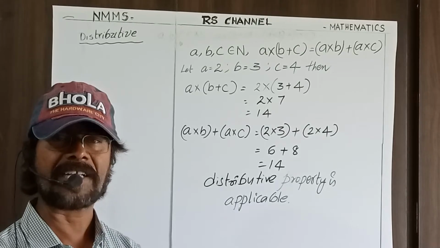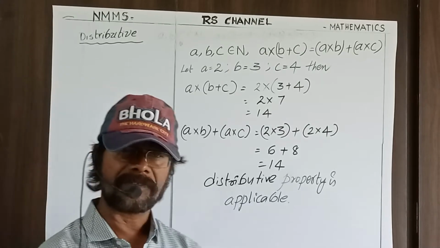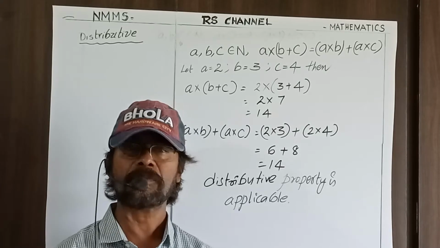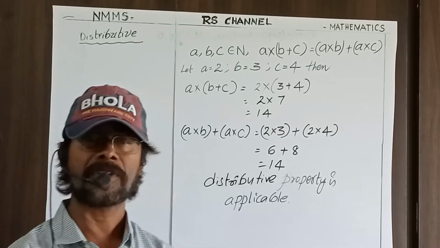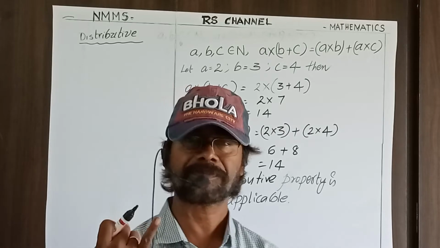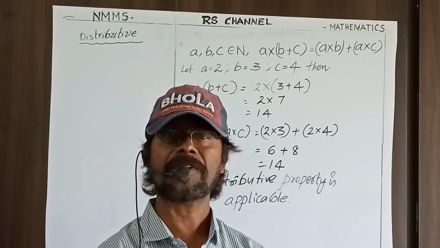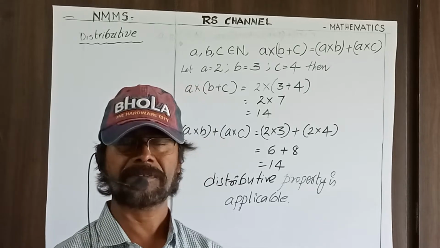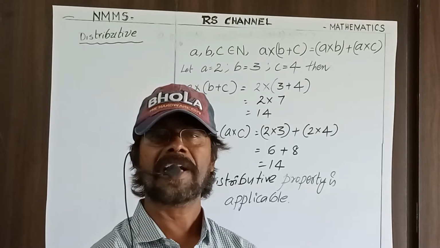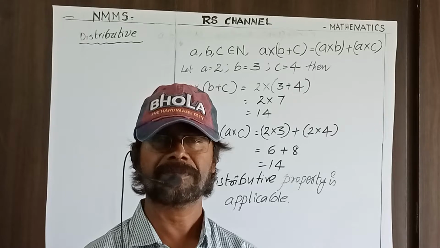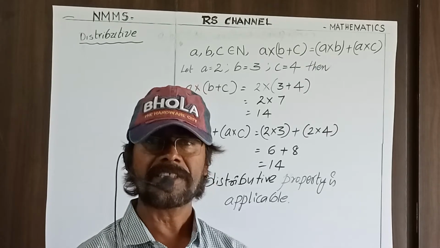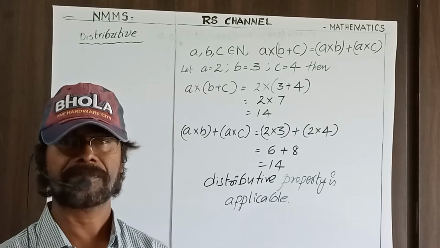Okay, understand? So for every set, we have to observe these properties. What are those? Closure property, commutative property, associative property, identity property, inverse property, and distributive property.